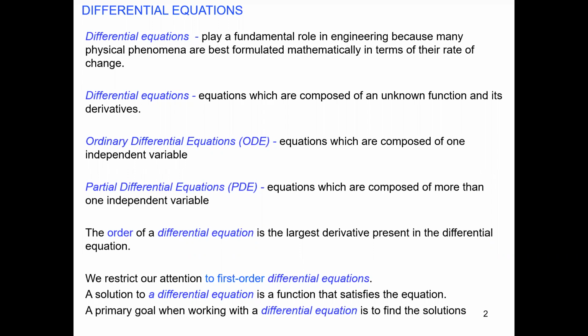So one more time, a differential equation is an equation that includes a derivative, a rate of change, of course, and an unknown function. And the point is to solve this equation for the unknown function. That's always the point, to find the solution.